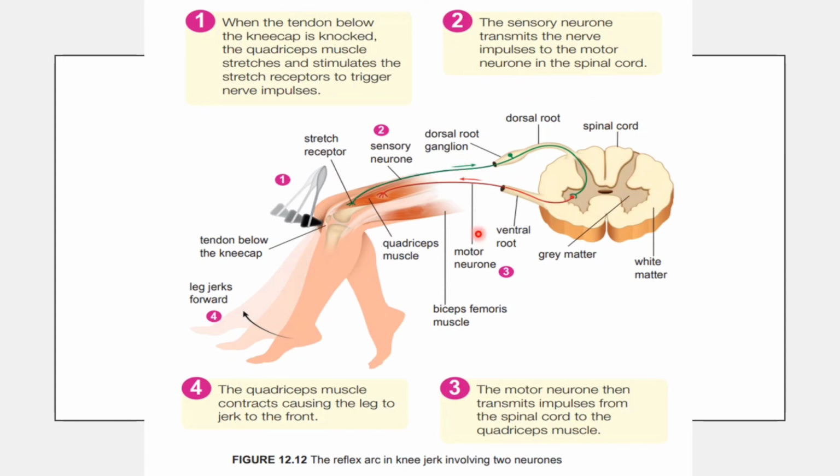The motor neuron transmits impulses from the spinal cord to the quadriceps muscle. The quadriceps muscle contracts, causing the leg to jerk forward.